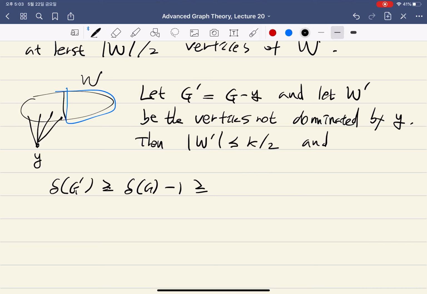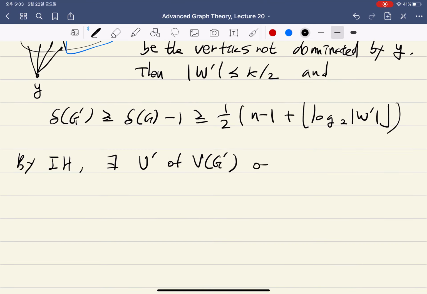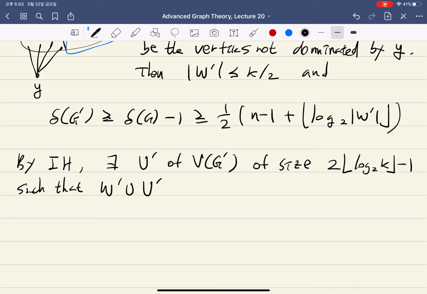So you can actually show that this is half times n minus 1, which is the number of vertices, plus log 2 of the size of W. So by the induction hypothesis, there exists a subset U prime of G prime of size 2 times floor of log K minus 1, such that W prime union with U prime induces a connected subgraph.